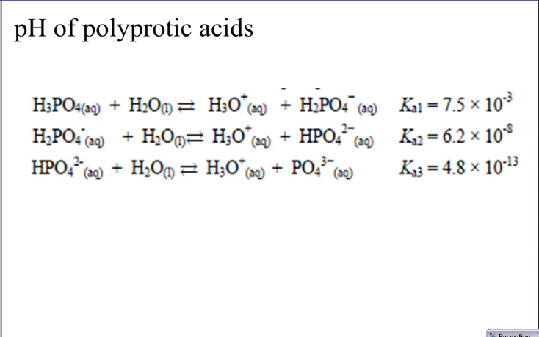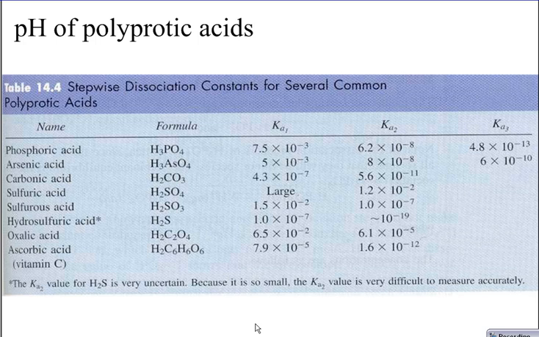In fact, that first dissociation is so great for all polyprotic acids. Let's look at a couple. It is actually the first dissociation that is most useful when determining the pH of a polyprotic acid.